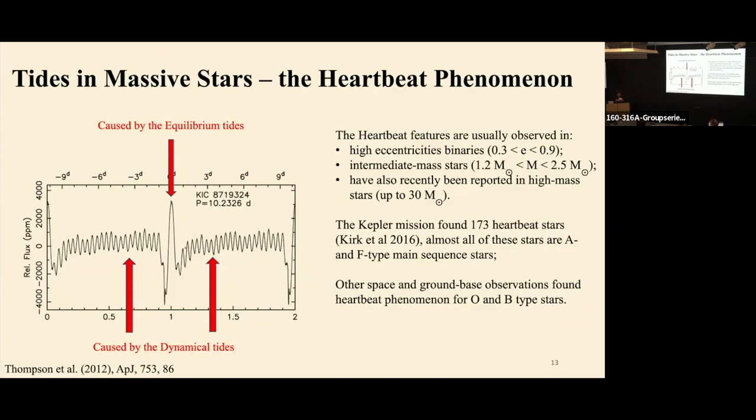We can also see some small oscillatory features. These are caused by the resonant excitation of the star's dynamical tides when the secondary is no longer near the binary's periastron. The heartbeat phenomenon is observed mostly in massive binaries, and they are all very eccentric binaries.